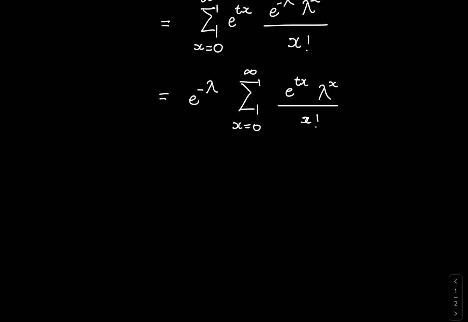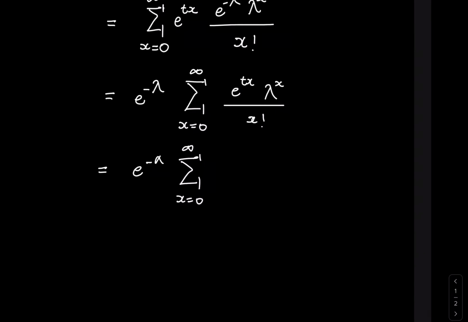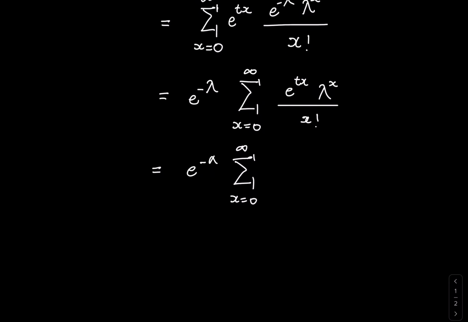We can simplify further. Notice we have e to the tx and lambda to the x. Using our power laws, I can bring together lambda e to the t, and take this all to the power of x, over x factorial.